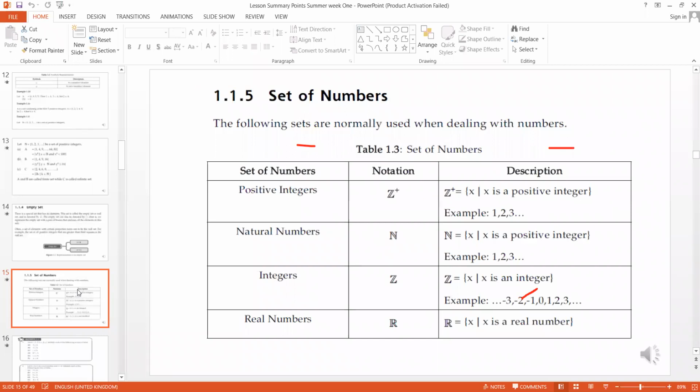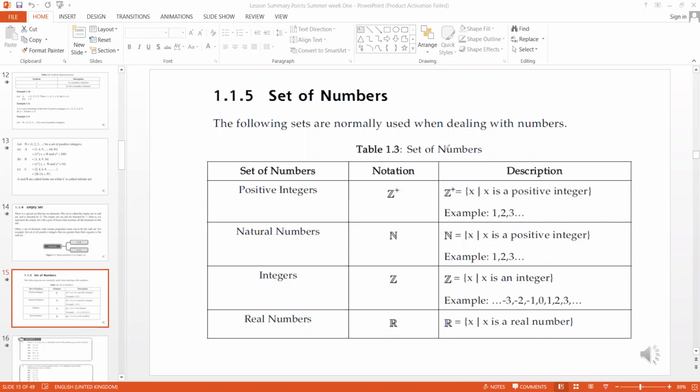Then we have the sets of numbers. I want you to take note of it briefly. Study it briefly before we continue. Clearly we can see positive integers start from 1.